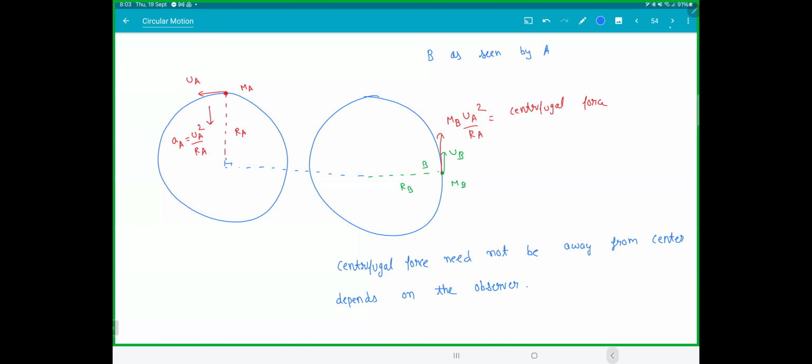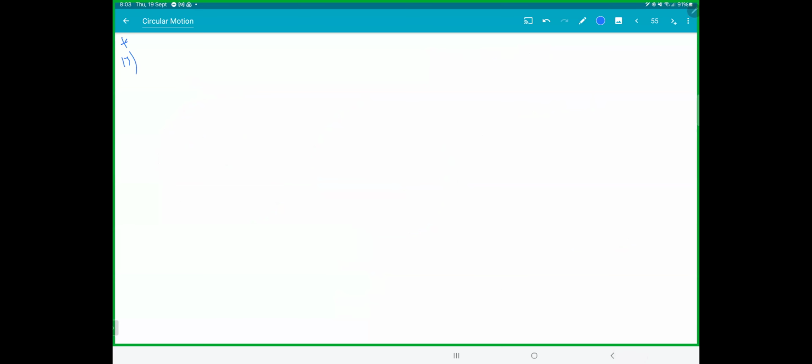Great. Look at this, this is also another important one. Let's say we have a wedge like this, and it is going with V1. Inside we have a block M, which is going this way with V2.